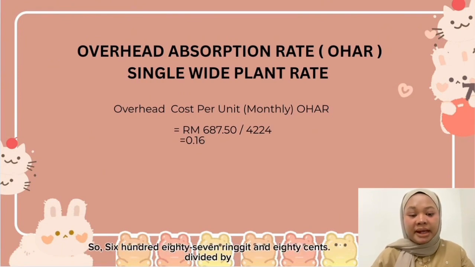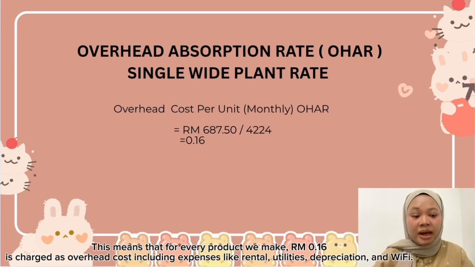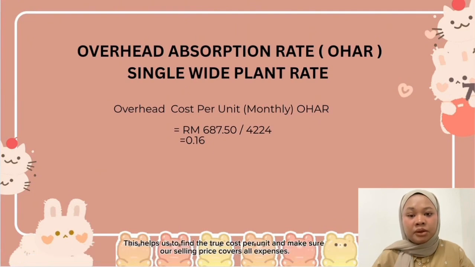So 687 ringgit and 80 cents divided by 4,224 equals 16 cents per unit. This means that for every product we make, 16 cents is charged as overhead cost, including expenses like rental, utilities, depreciation, and Wi-Fi. This helps us to find the true cost per unit and make sure our selling price covers all expenses.